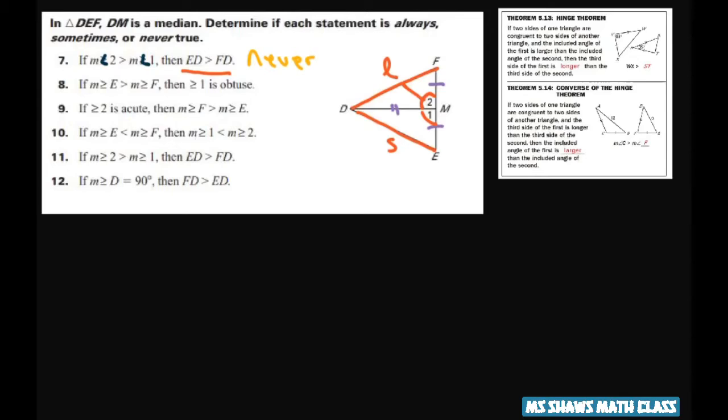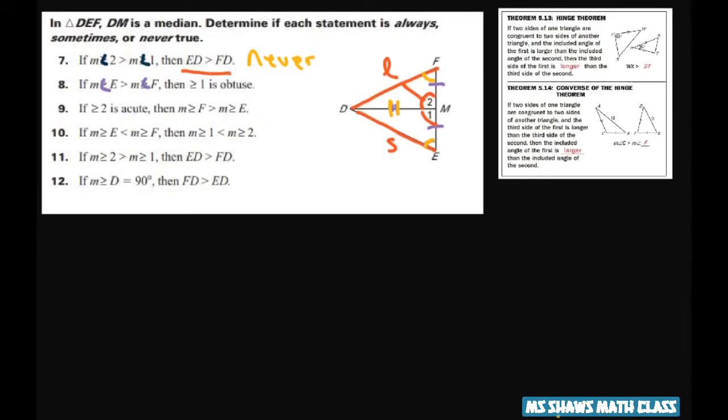So the answer would be never. For 8, again, these are angles. The measure of angle E is greater than the measure of angle F, which doesn't make sense because this is the same side.